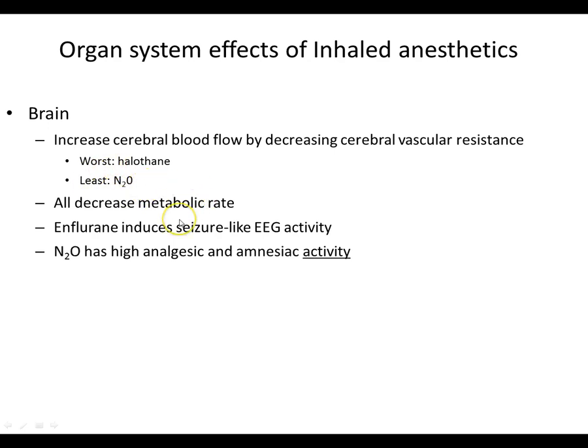All of the inhaled anesthetics are going to increase the metabolic rate. Enflurane in particular can induce seizure-like EEG activity, and nitrous oxide, it's important to note that even though, again, it is very low potency, it does have high analgesic and amnesiac activity. So it has low potency with respect to loss of consciousness, but it does have significant analgesia and amnesiac activity.